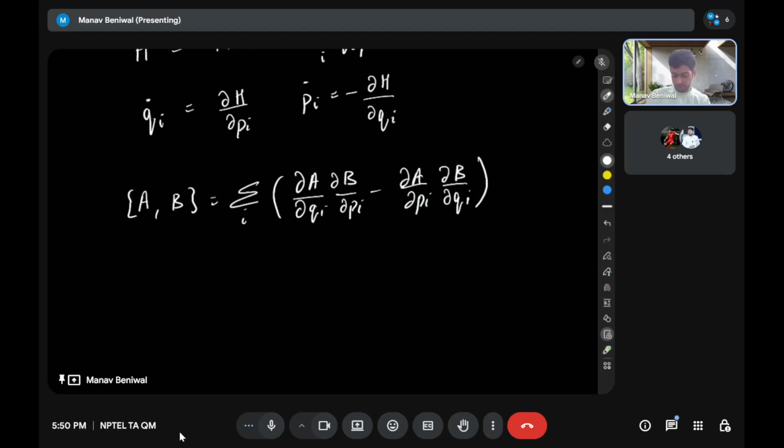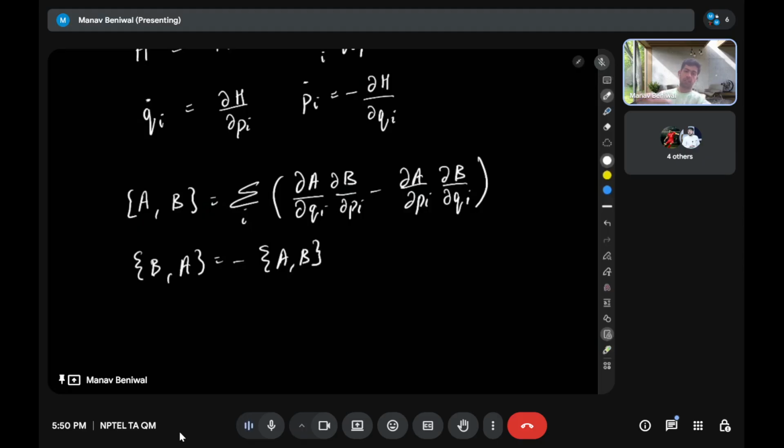This is the Poisson bracket, and it has some properties which are easy to see. First of all, it is antisymmetric: if we do B comma A, we'll get minus A comma B.